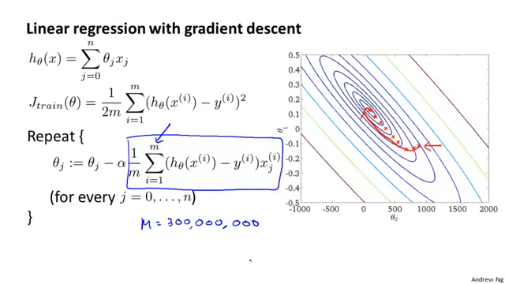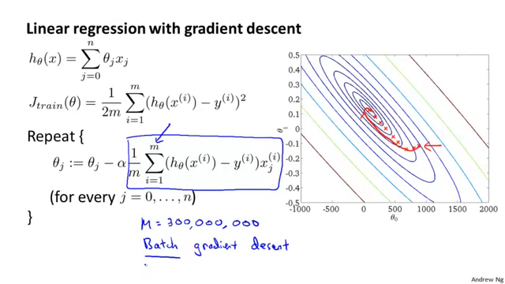If you want to fit a linear regression model to that, then you need to sum over 300 million records, and that's very expensive. To give the algorithm a name, this particular version of gradient descent is also called batch gradient descent. The term batch refers to the fact that we're looking at all of the training examples at a time. It really isn't maybe the best name, but this is what machine learning people call this particular version of gradient descent.